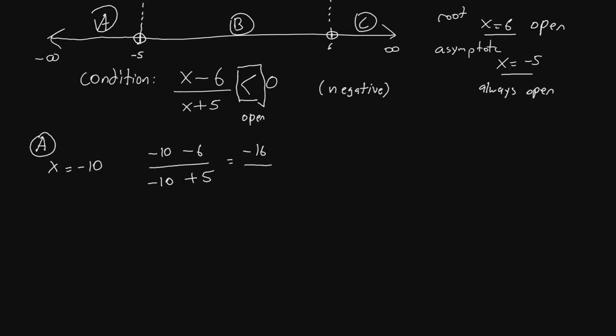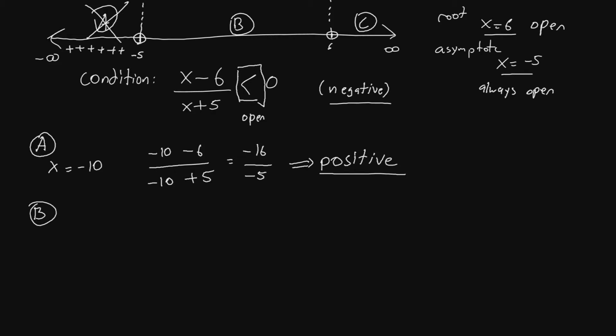Negative 10 plus 5 gives us negative 5. If we take a negative divided by a negative, you will get a positive answer. We're not that worried about what exactly that number is. It only matters that it's positive. However, let's check if that's a match for the condition. The condition says we need negative answers. So A does not match that condition, and therefore A is not part of the final answer.